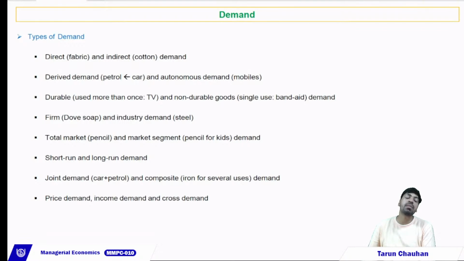Income demand is a proportionate change in demand due to a change in income. Cross demand is a proportionate change in the demand for one good due to a change in the price of another good. That's called cross demand.